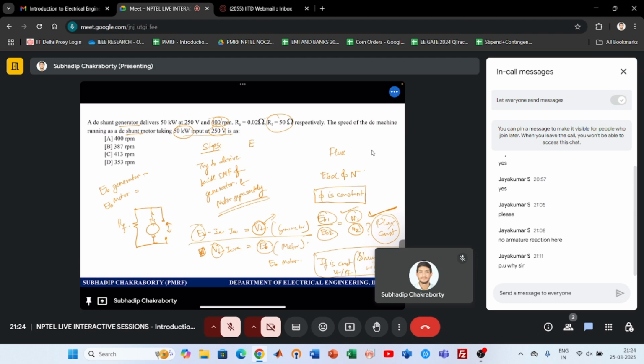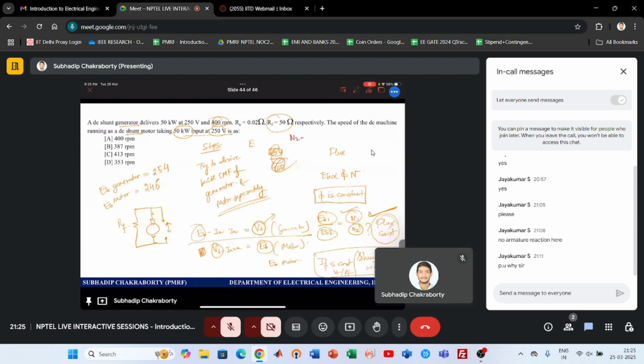So if you solve, the generator is around 254, and for the motor you will find out that it is around 246.6. So EB1 is around 254 by N1, which is 400, and so N2 I am trying to find out.